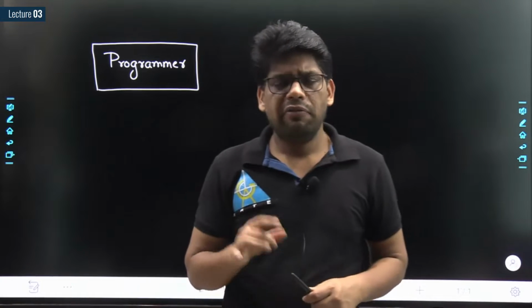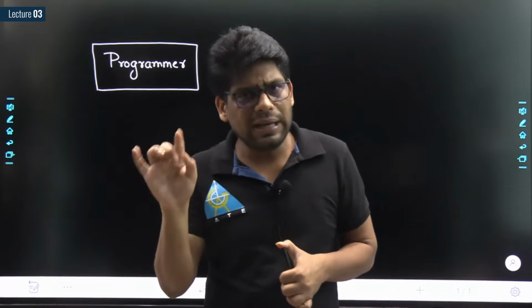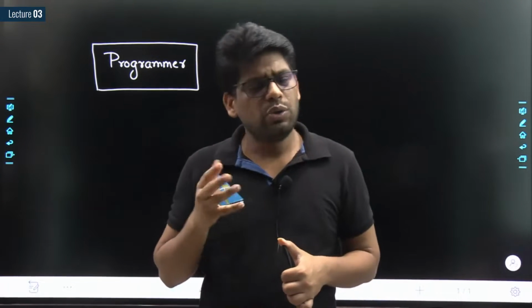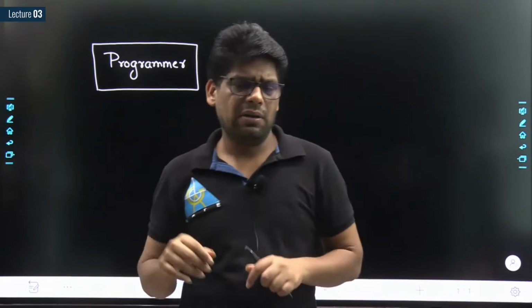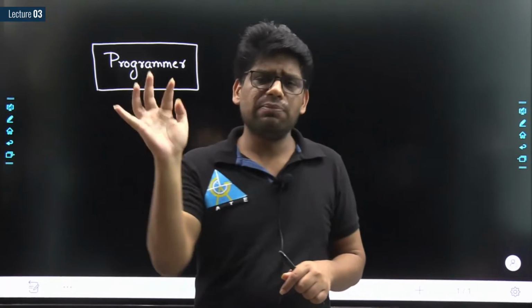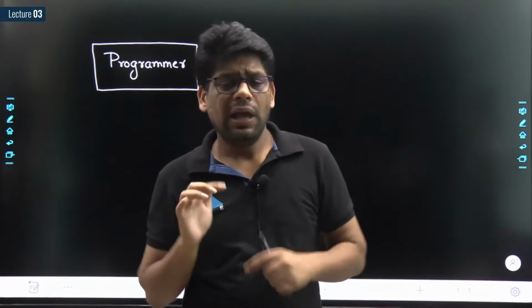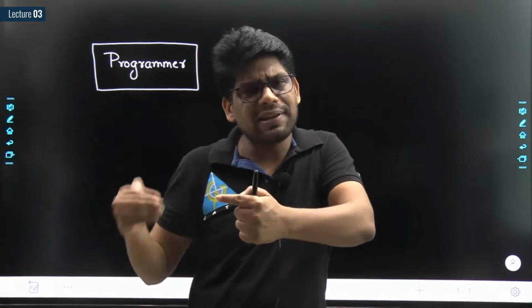When you go to an ATM machine, you click on cash withdrawal, you enter your credentials, then you click on some button. Sir, what is happening? Whenever you are pressing something or clicking on something, in the background some program or some piece of code is running. Am I right or not?